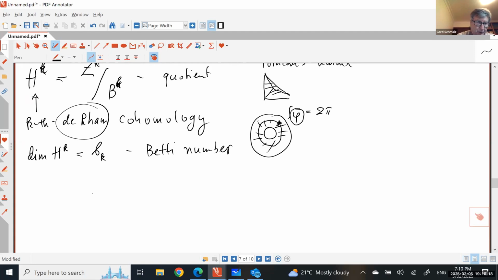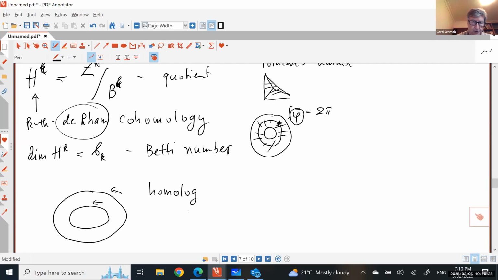If we have two cycles, maybe this cycle and this cycle, then we call these homologous. This is C1 and this is C2.